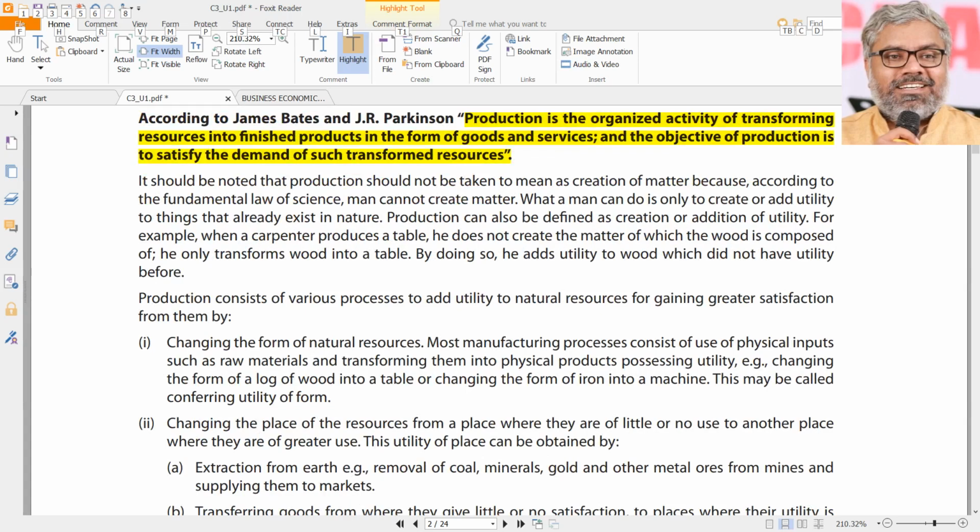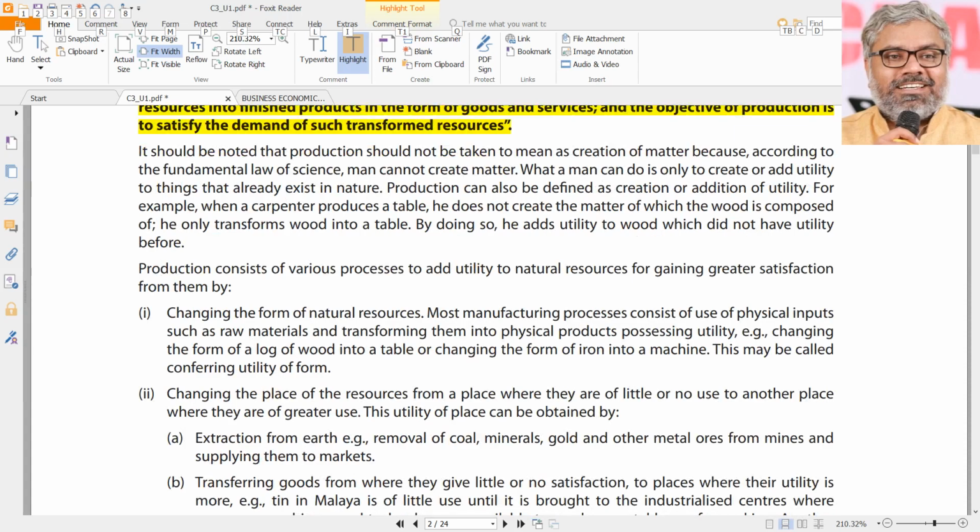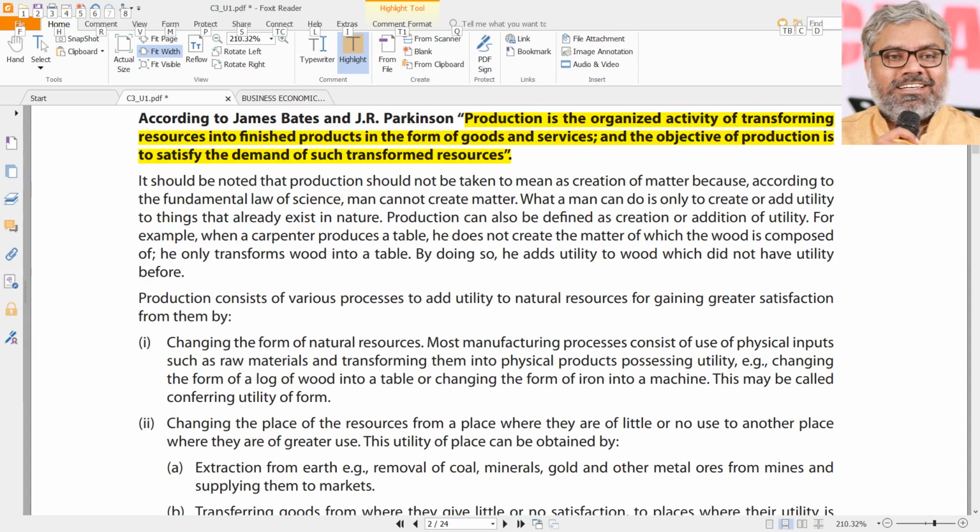And the next paragraph is a general thing. Are we talking about the creation of matter and all? Definitely not. We don't have to enter into physics. Usually, it is said that man cannot create matter or destroy matter. That is a fundamental law of science, what they say. But once again, let us not get into those discussions.